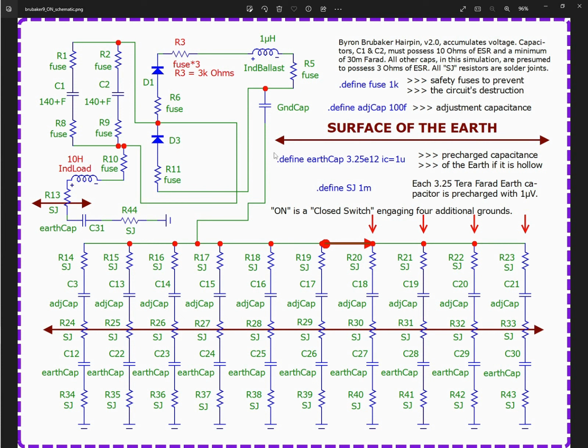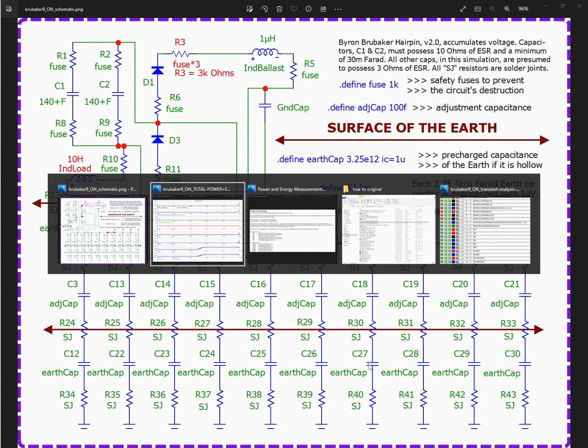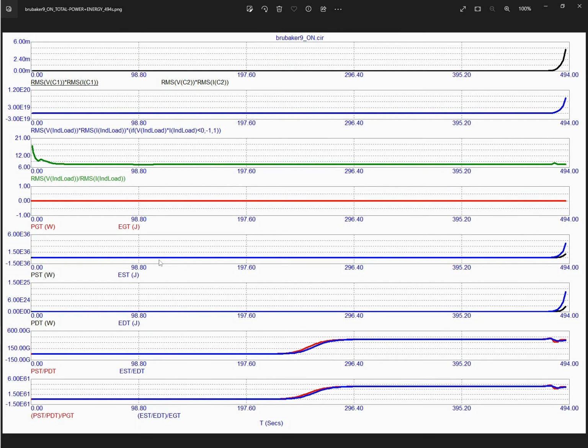So the storage is in all the capacitors, and that includes the earth capacitors as well. And they're going to be storing a lot of power. So even though we don't get to see it or use it, it's there in the earth. And so the PST wattage rose to a value that is somewhere in the vicinity of 5e36, something more than 10 to the power of 36, slightly more than.